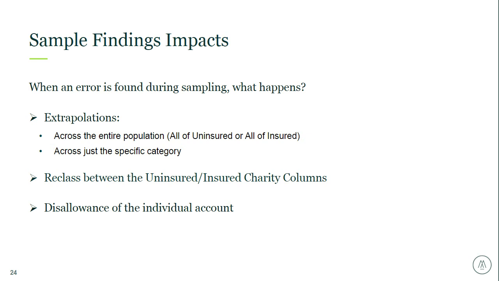An example of being reclassed would be where their insured accounts had remits or EOBs, which showed the charges written off to charity were related to non-covered charges rather than the co-insurance, deductible, and copay. And based on these findings, the auditors would then create an extrapolation percentage to reclass those amounts from the insured column 2 to the uninsured column 1, rather than just disallowing the errored sample.